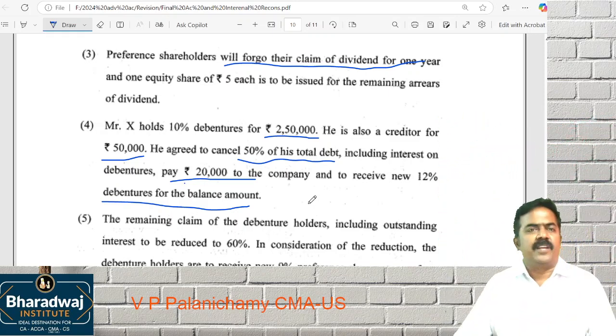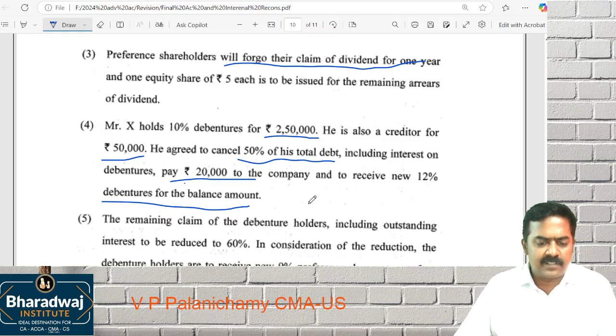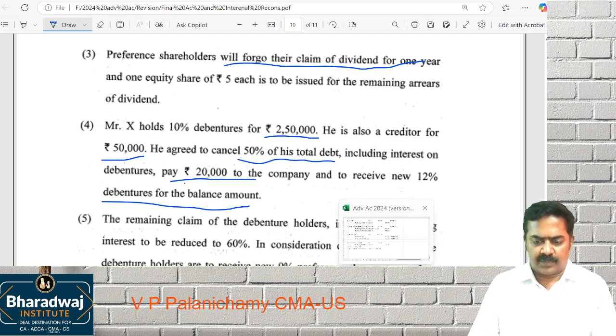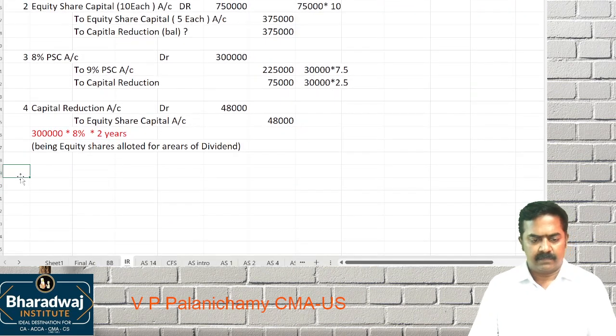What and all is X holding? Debentures and he is a creditor. So first let us transfer. What is the entry you will pass? Pass the entry.